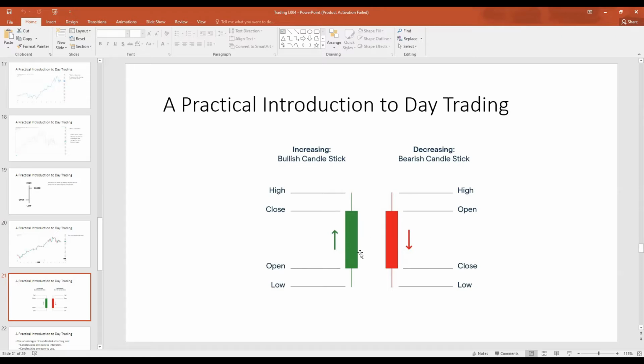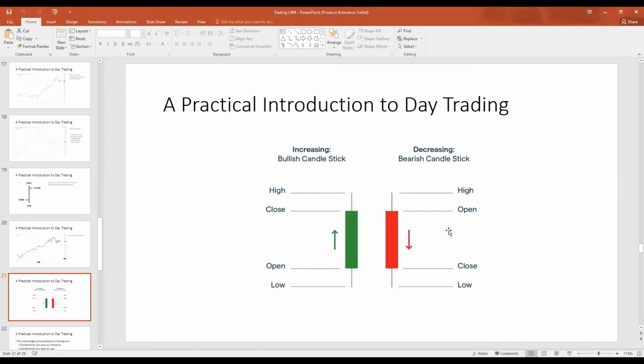This green shaded area is known as the body. This red shaded area is known as the body. The area between the closing price and the highest price in a bullish candle is known as a wick. The area between the opening price and the lowest price of a bullish candle is also known as a wick.